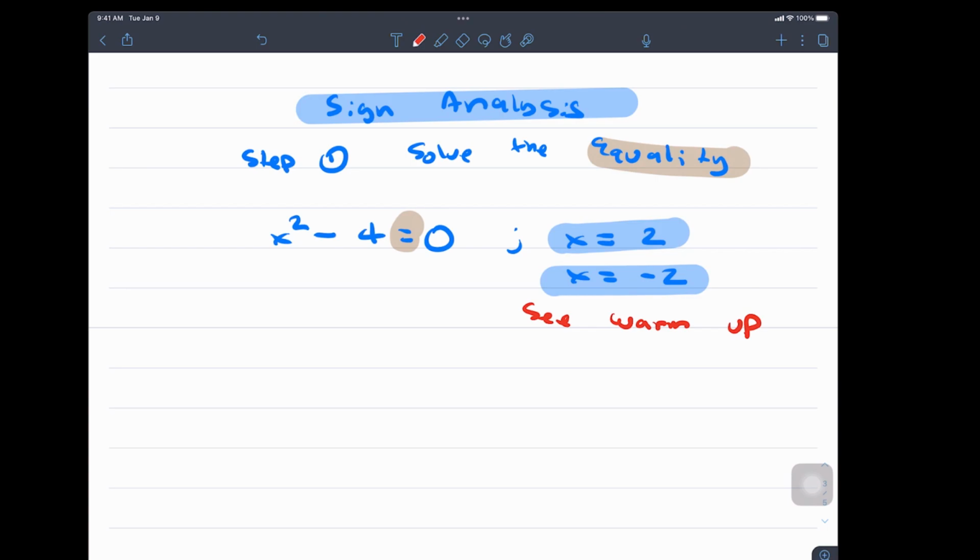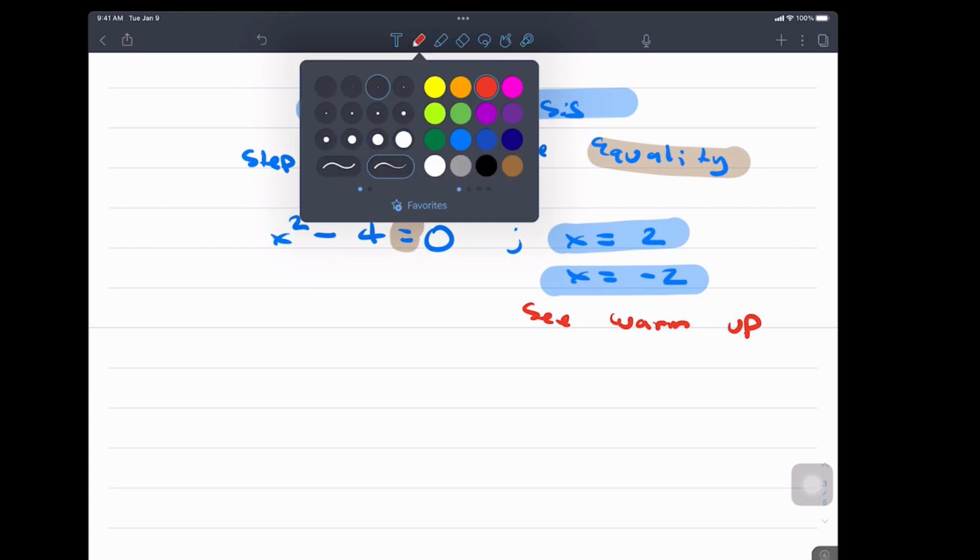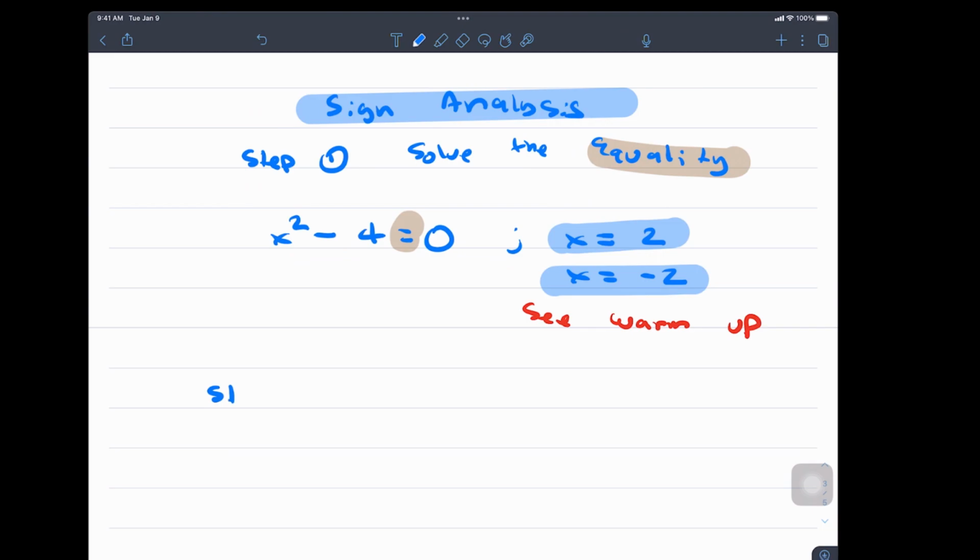Okay, you guys okay with that? Now, here's what we're going to do here. That's step 1. Step 2, I'm going to say plot your solutions on the real number line. Okay?